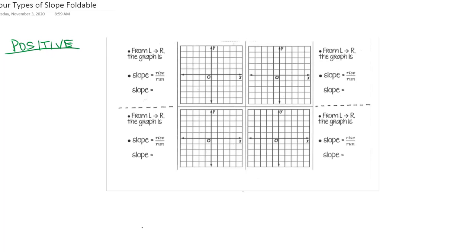Positive slope, and this is what goes on the outside of the top left flap. So this is a line that goes up from left to right. So you read the graph from left to right.